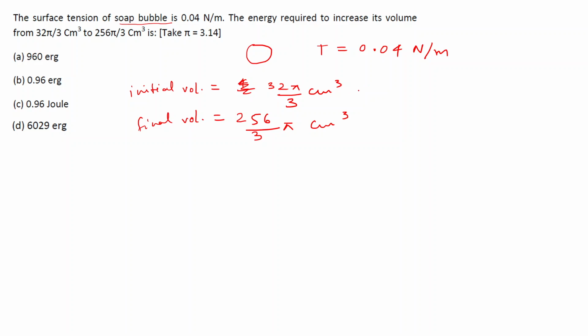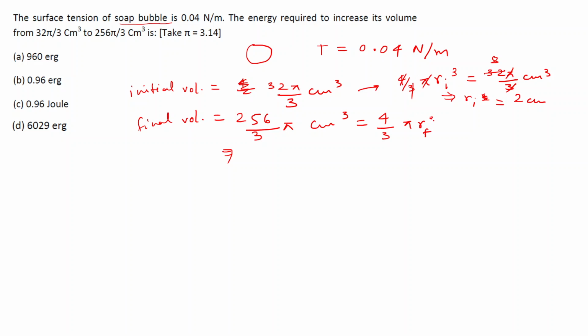So for this case, since we know volume is given by 4 by 3 pi r cube, I'll denote initial radius as Ri. 4 by 3 pi Ri cube is 32 pi by 3 centimeter cube. So 3 cancel, pi cancel, and 4 into Ri cube is 32, so Ri cube is 8. That means initial radius, I'll take cube root of 8, will be 2 centimeter. Similarly, for the final volume, I'll compare it with the formula 4 by 3 pi r cube, calling it RF, final radius.